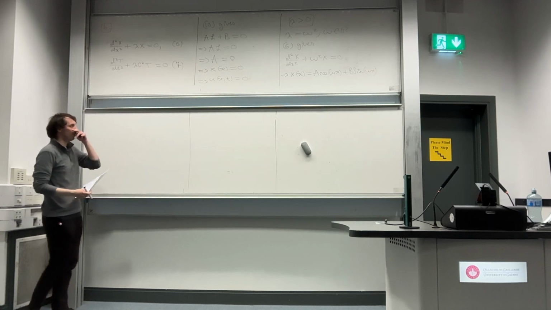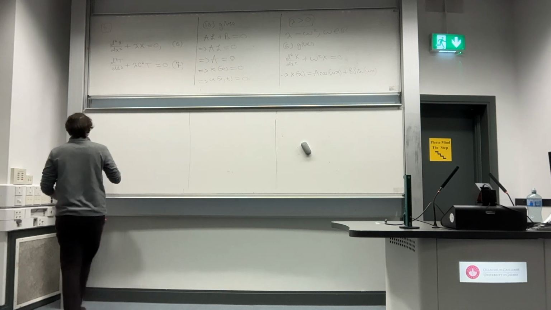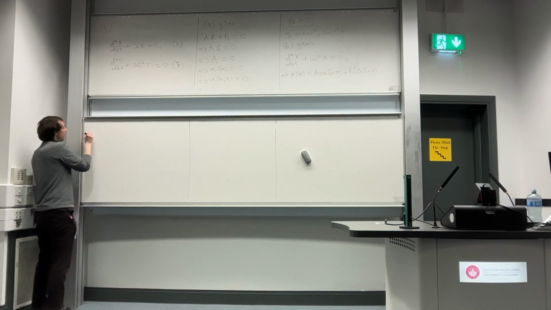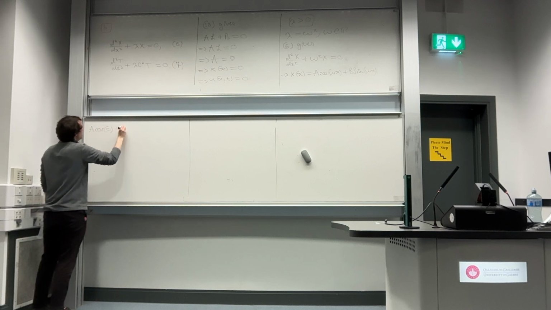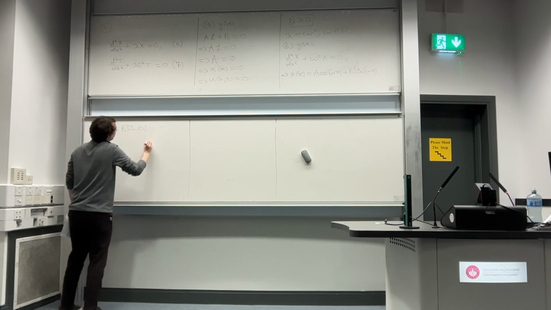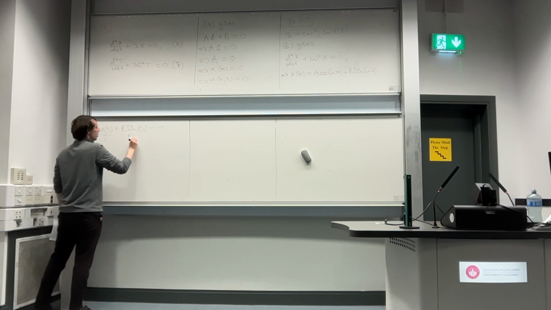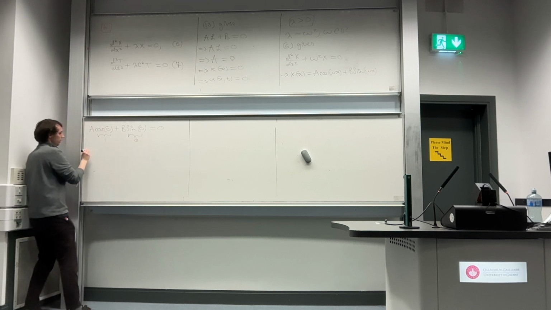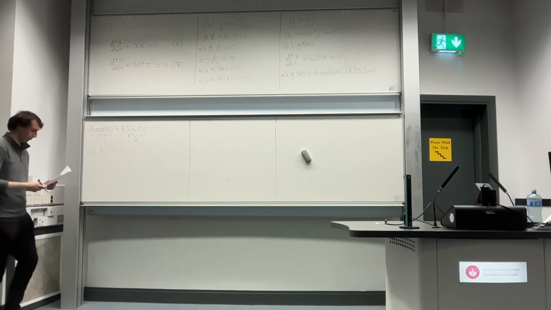So if we impose boundary condition 9 in our solution for x, that would give us a cosine of 0 plus b sine of 0 is equal to 0. Of course, cosine of 0 is 1 and sine of 0 is 0. So this is the same thing as saying that a is equal to 0.